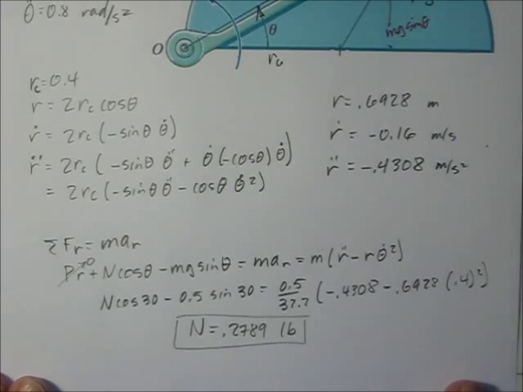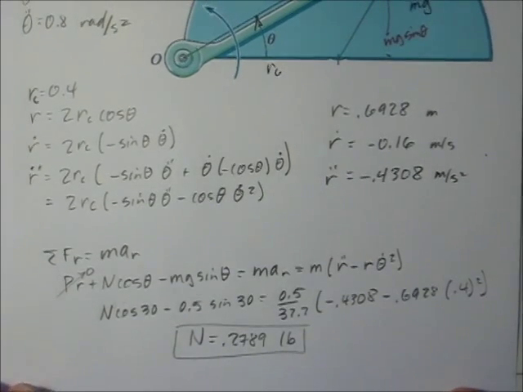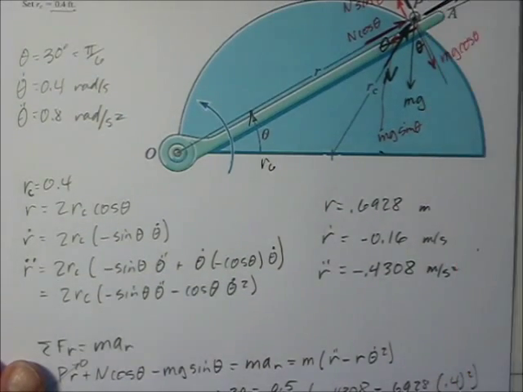All right, that doesn't quite get me the answer I'm looking for, but that does help me get there. I need to find that normal force right there before I can move on to the theta direction.